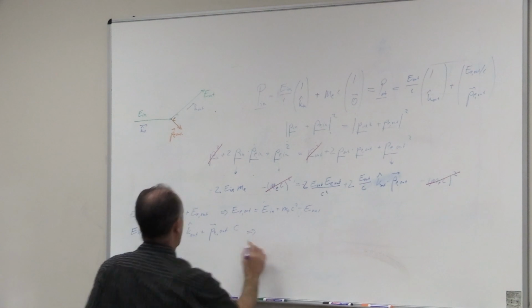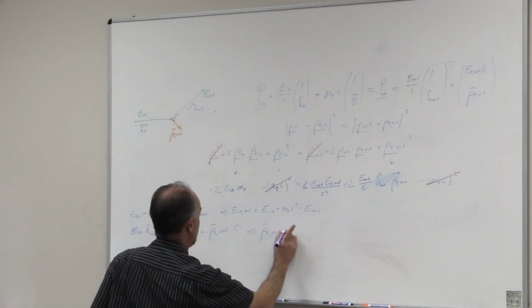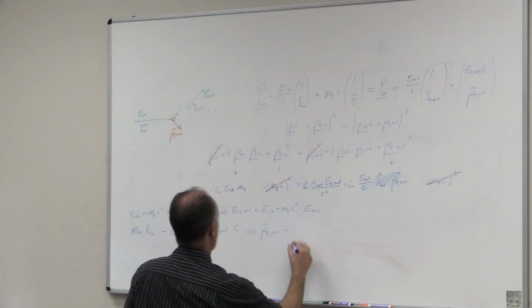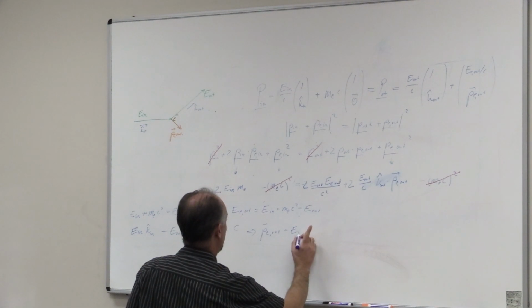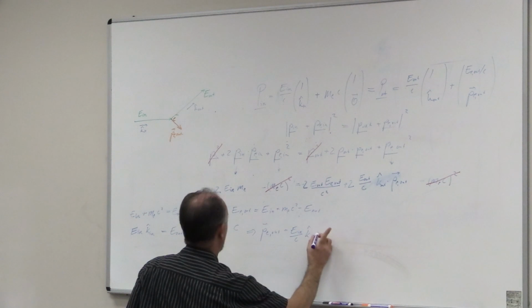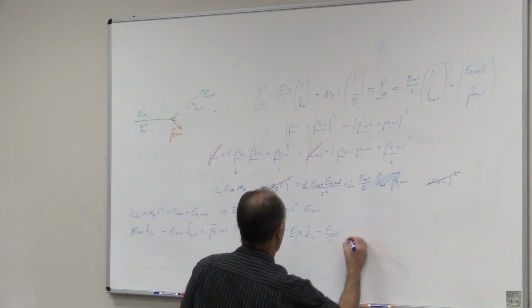And this tells us that the electron momentum P_out equals E_in over c K_in minus E_out over c K_out.